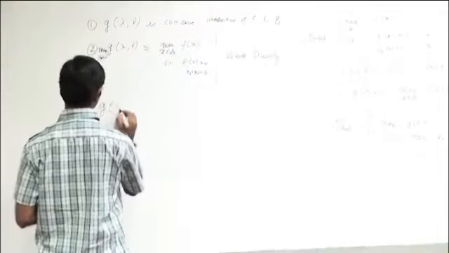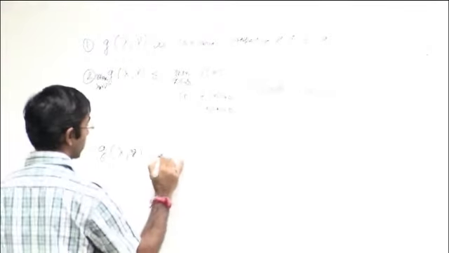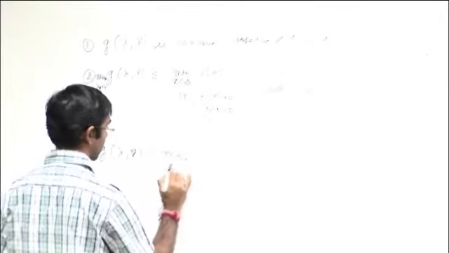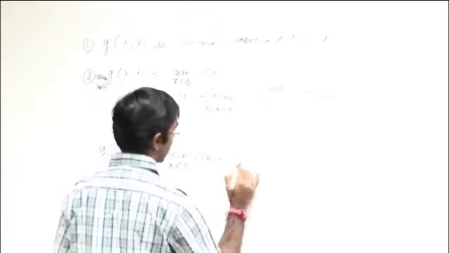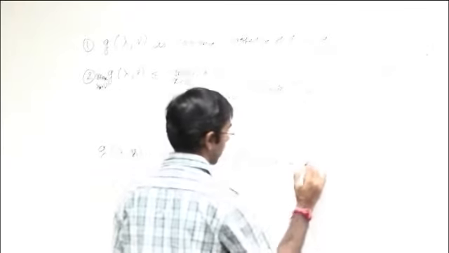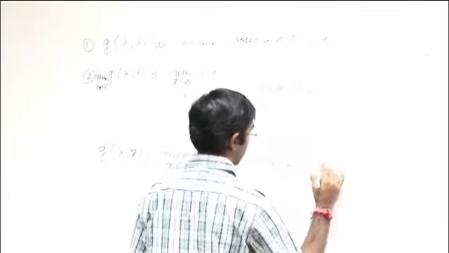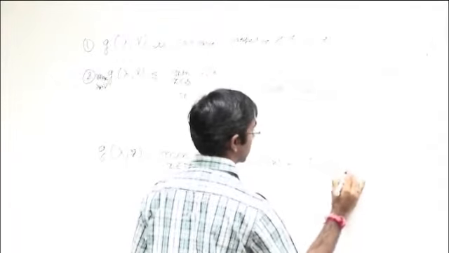So again, it follows fairly easily. If you look at G(lambda, nu), that is equal to the minimizer over x belonging to D of f(x) plus the summation of lambda_i f_i(x) plus mu_j h_j(x).